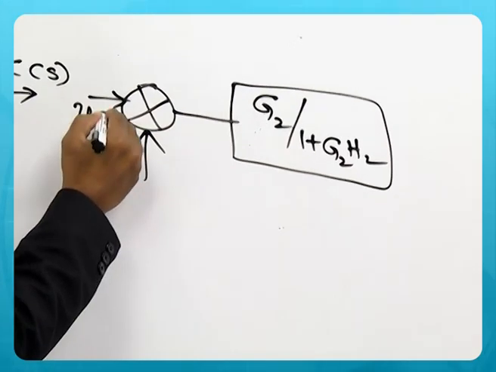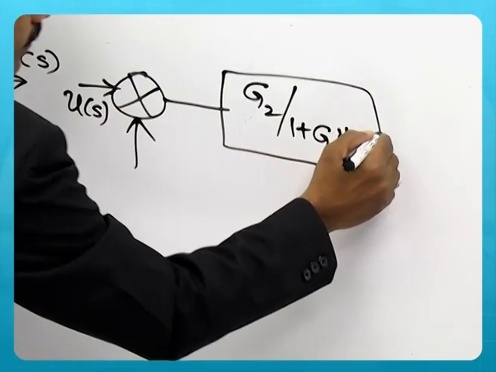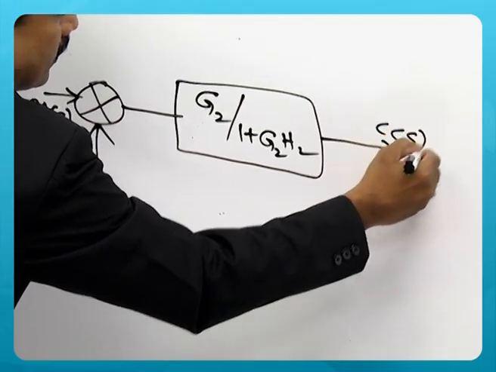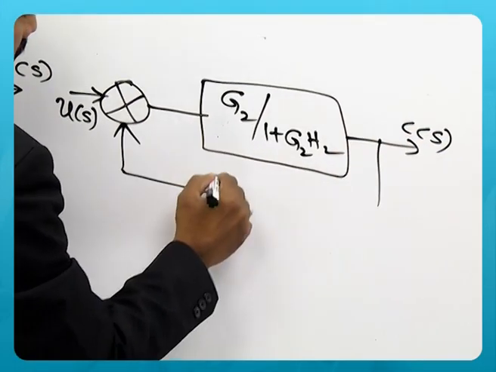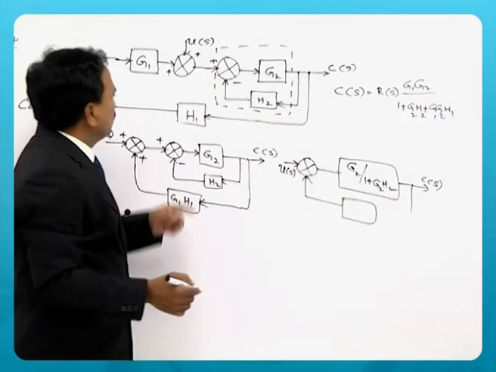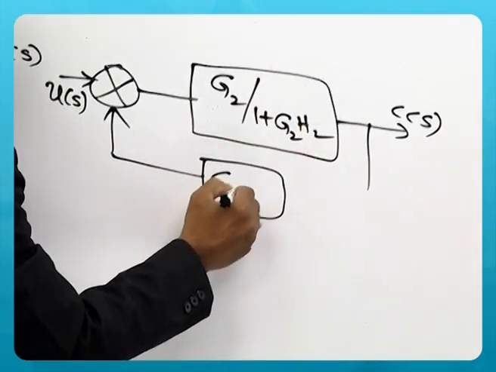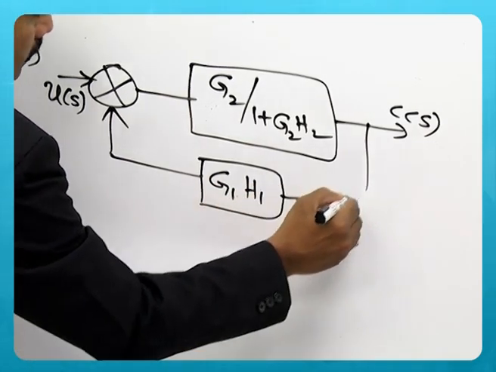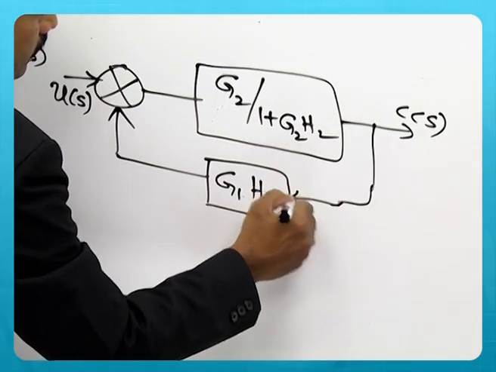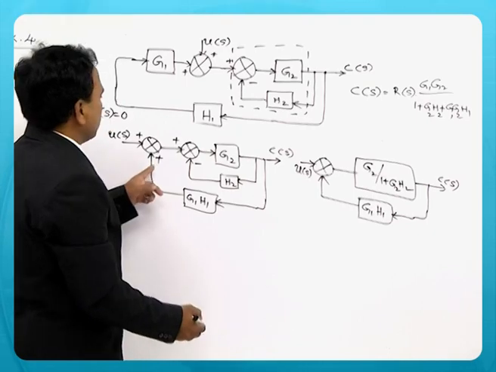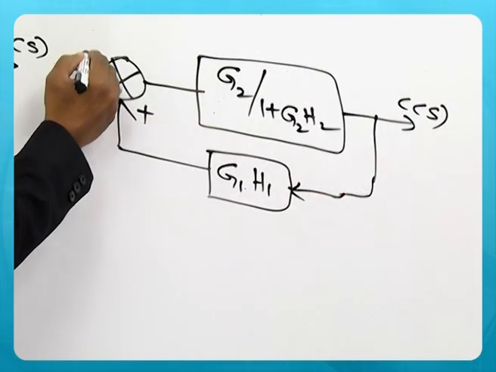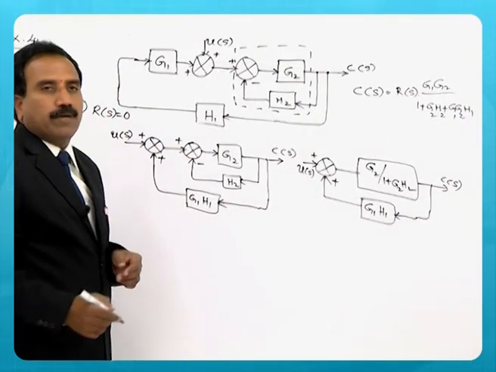So here you have U of S, C of S, and this feedback is not H1 alone. You have seen already here, it is G1 H1 with plus sign, so that is positive feedback.